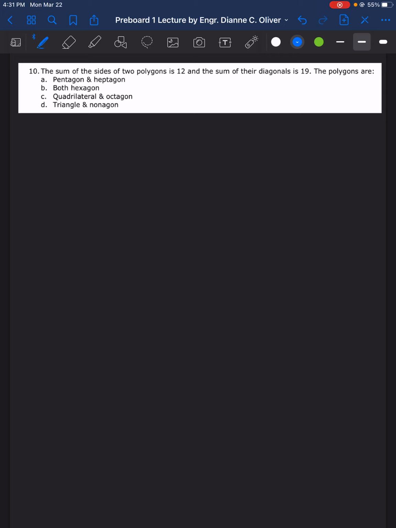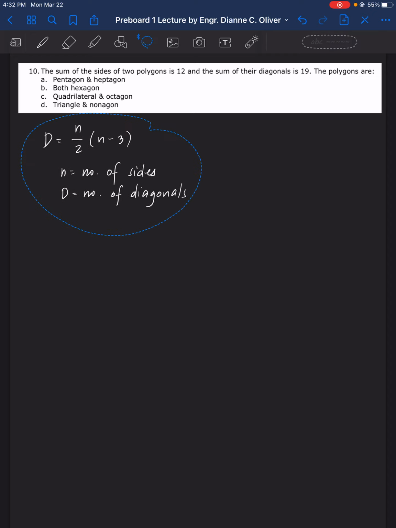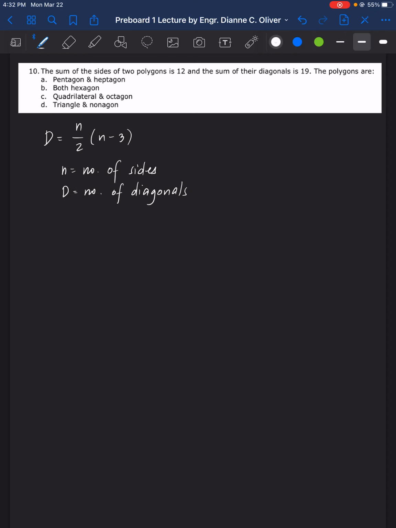Okay, so let's solve this. Remember the formula that we used in the previous number: D is equal to n over 2 times n minus 3, where n is the number of sides and D is the number of diagonals.